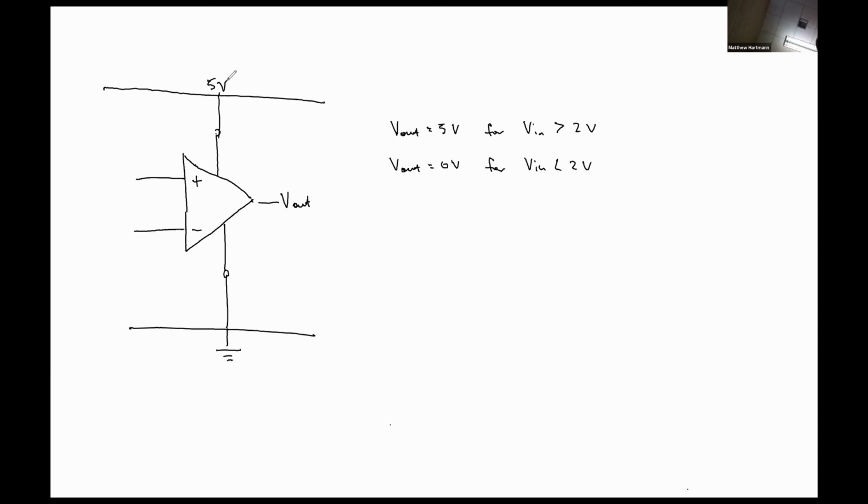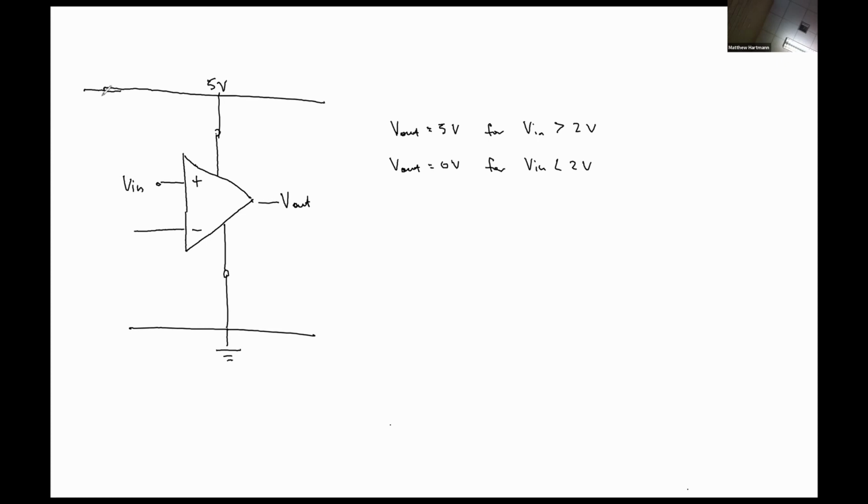Our input voltage, Vin, is still going to be applied to the non-inverting terminal, because we want a non-inverting comparator. But what we're going to do now is use a simple voltage divider network.